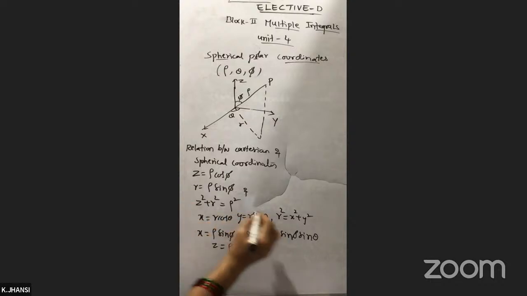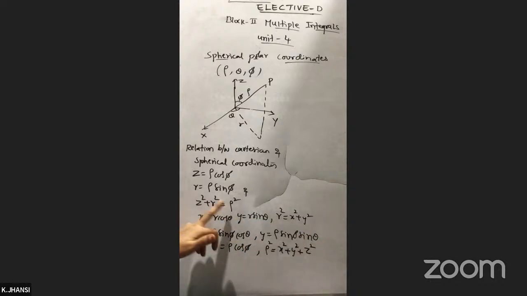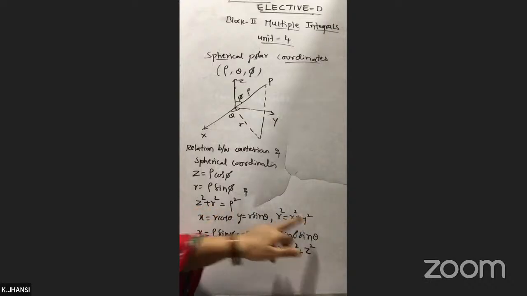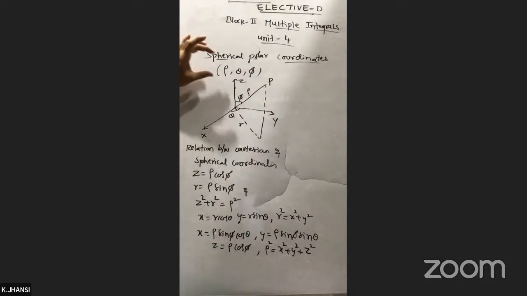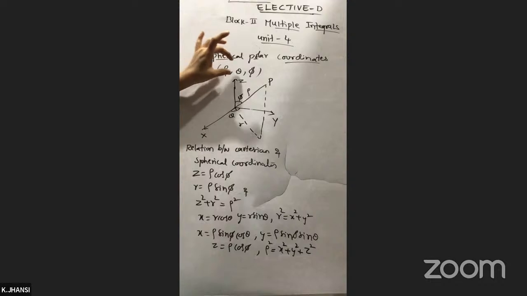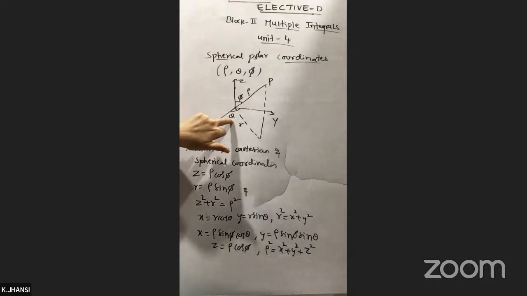And here, what is rho square? Rho square equals x square plus y square plus z square. Already z square is there, and r square is x square plus y square, so when you substitute here, you will get x square plus y square plus z square. From this diagram, you have the spherical polar coordinates as rho comma theta comma phi. Here it is making the angle phi and here it is making the angle theta.